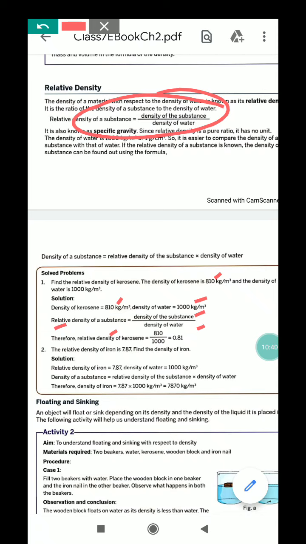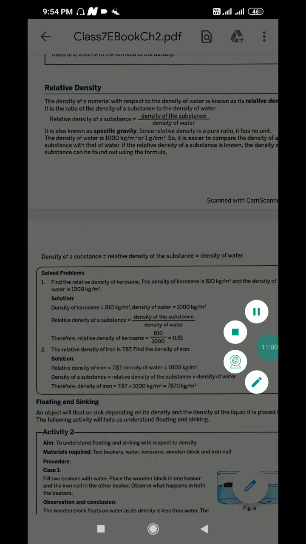That means the relative density of the substance is 0.81, and it doesn't have any unit, because the units will cancel out. How?